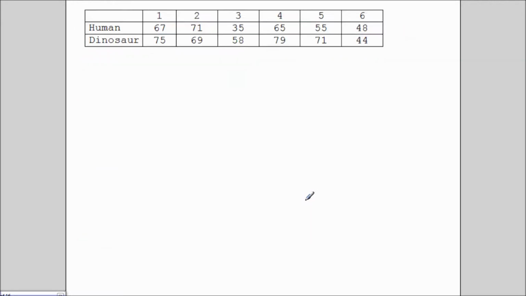So let's look at this. The procedures aren't very difficult for this one, but it is a little more grunt work. So our null hypothesis is always that the mean difference is equal to 0. Now the alternate hypothesis depends very much on how you construct the rest of this thing.